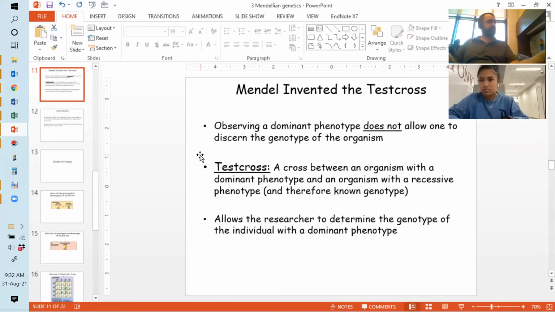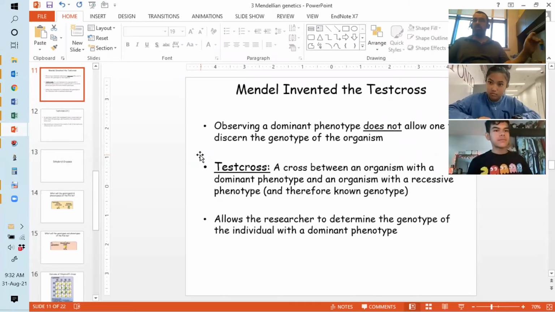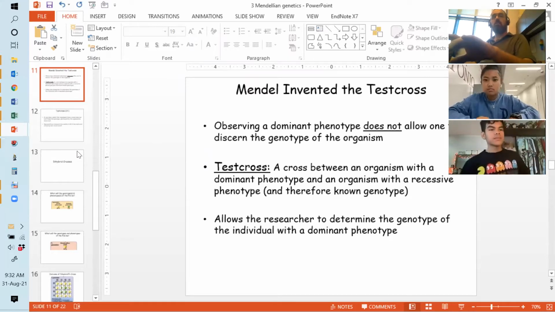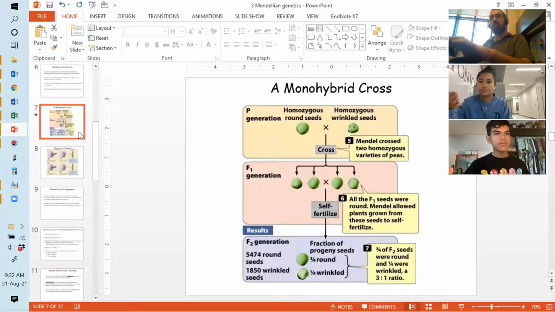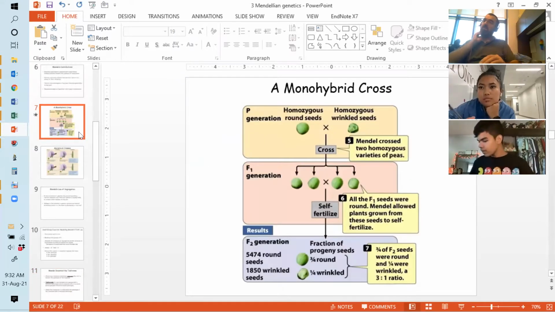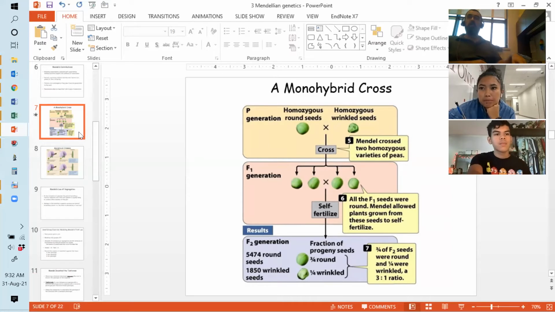Okay, so just as a recap, we've gone through our monohybrid cross stuff. And so again, remember there are 3 different stages, generations. They each have a very specific makeup in terms of genotypes.